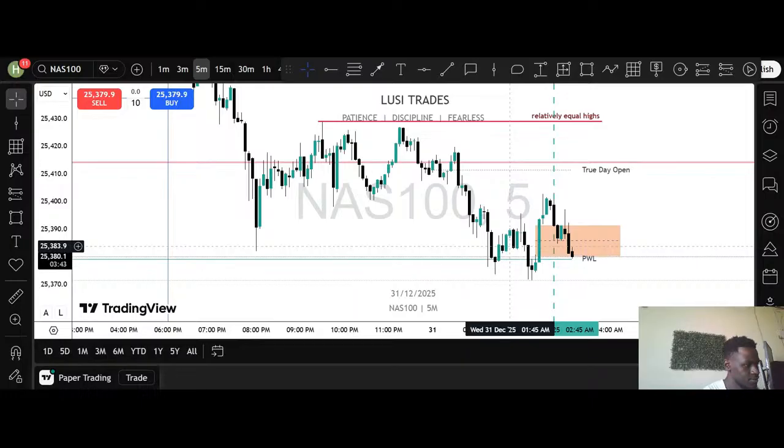So now this low, you want to see if it can tag this low and then fill that new week opening gap low.